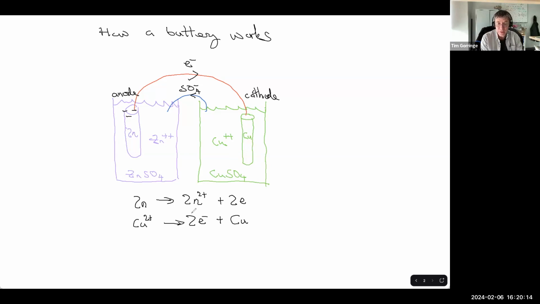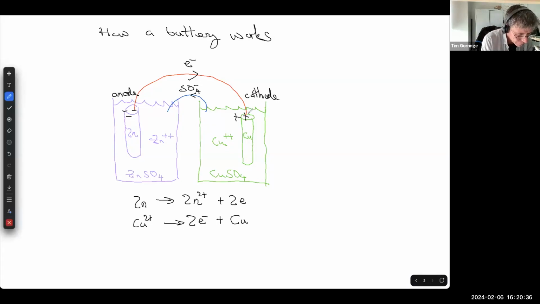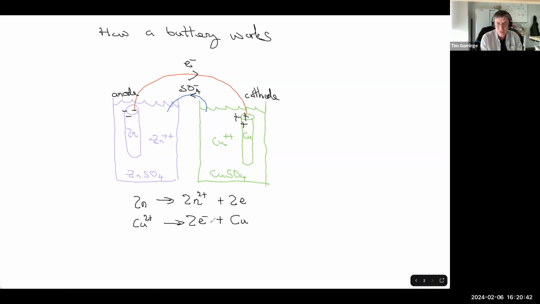So this copper ion picks up 2 electrons and becomes a copper atom, a neutral copper atom, and gets deposited on the electrode. So that's the second reaction that's happening over here. And that causes this electrode, if the circuit's not yet complete, to become positively charged, because we basically added a positive copper ion to the electrode, which picked up the electrons.